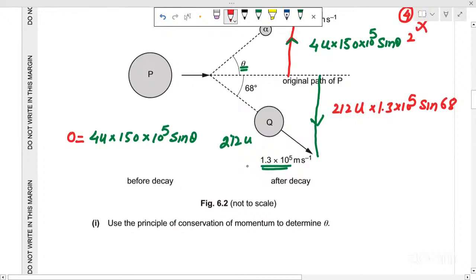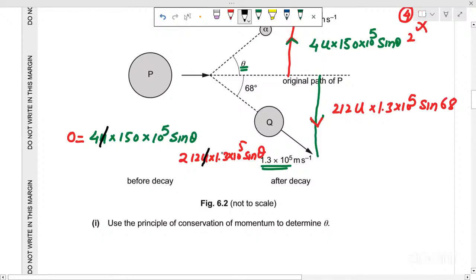So I can write over here plus, as this is in the downward direction, it must be written with a negative sign. So I will write 212 u times 1.3 times 10 power 5 times sine of 68. So u will cancel out. So there is no need to worry about its value if you don't know.